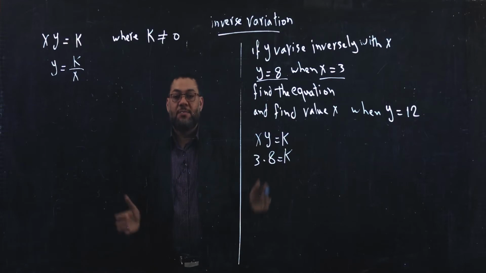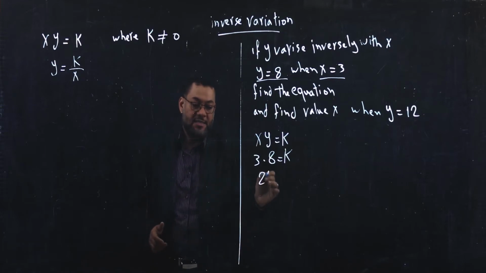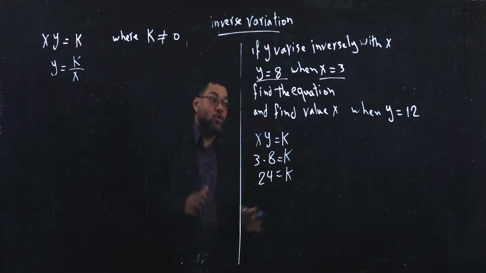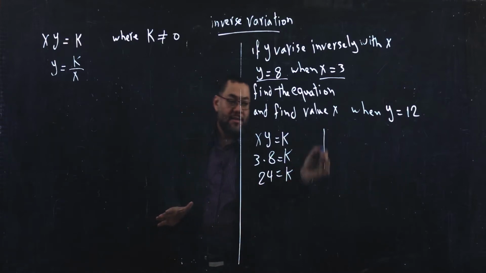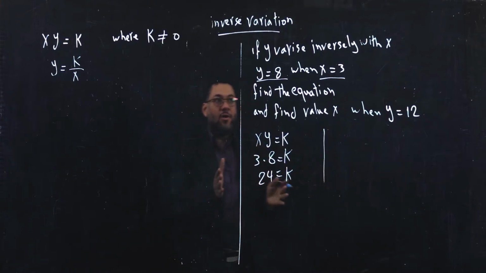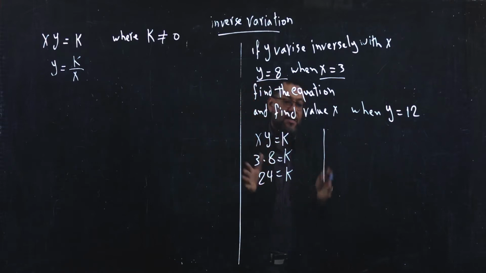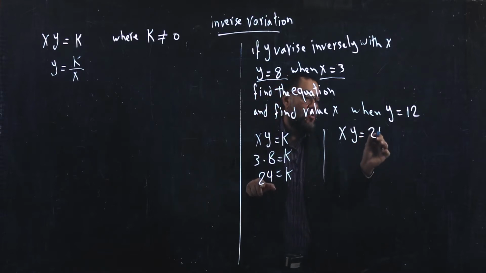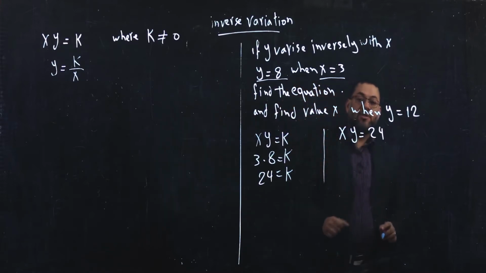So 3 multiplied by 8 equals what? Yes, it's 24. Good. So k equals 24. So we can write the equation of this variation like this: xy equals 24. So the equation of this variation will be xy equals 24.